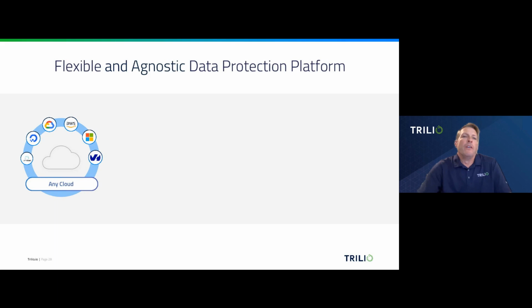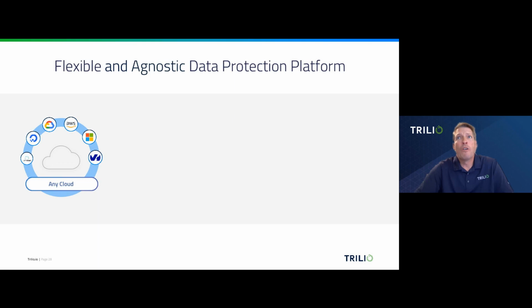So Trilio works on any cloud. Whether you're on-prem today, in one public cloud, in hybrid cloud, or maybe you have multiple clouds today. I was at an event with Red Hat yesterday and listened to a talk by a Gartner analyst who said they're seeing something like 90% of large organizations claiming that they are hybrid cloud today.